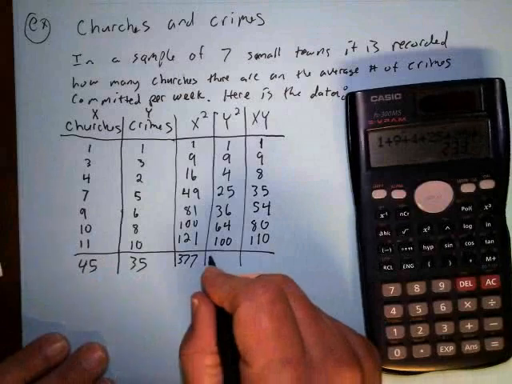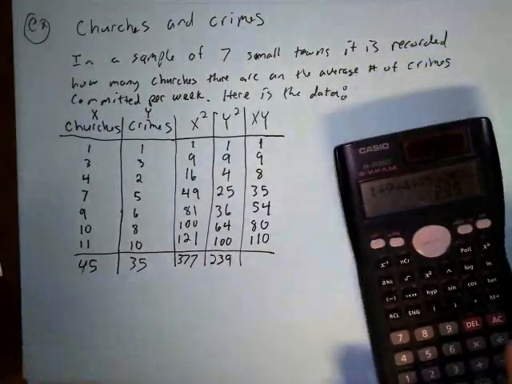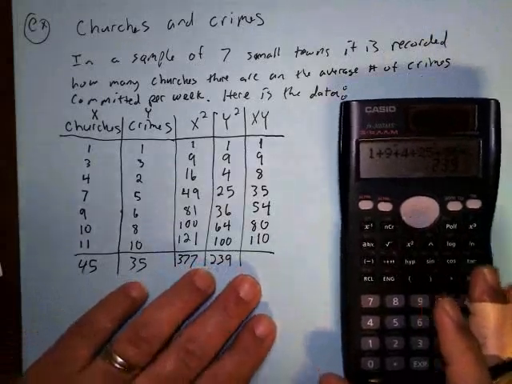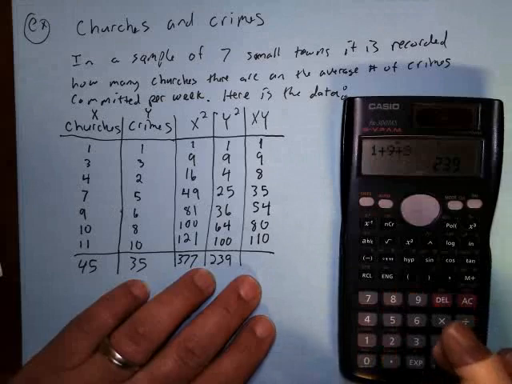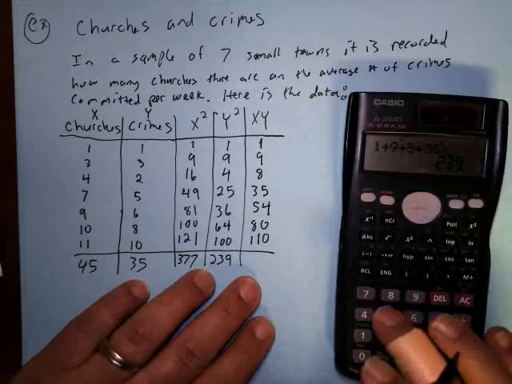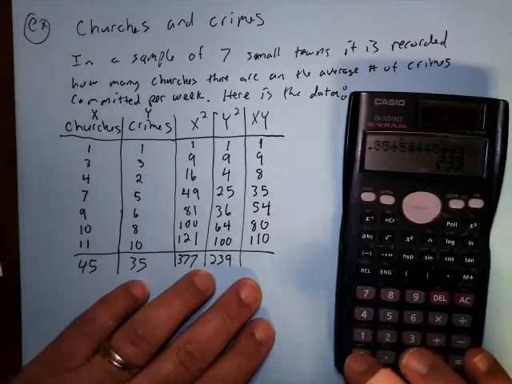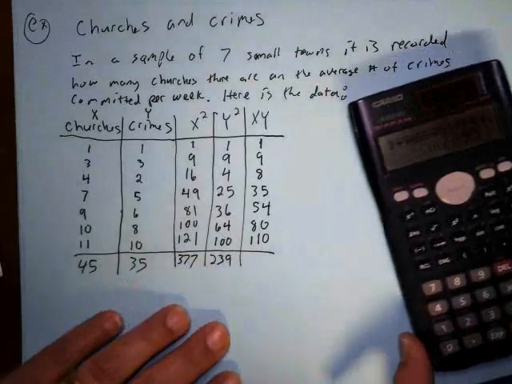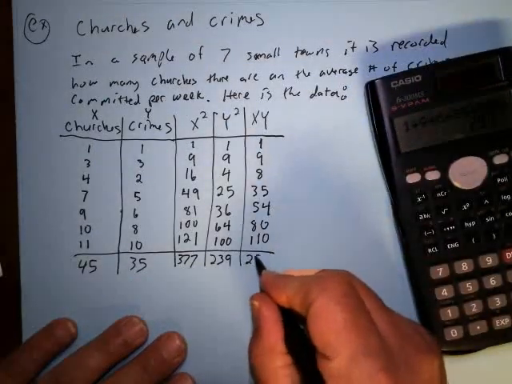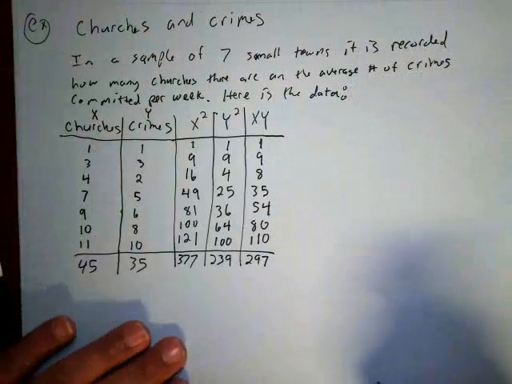I get 239 for that. And then finally, the sum of X times Y. 1 plus 9 plus 8 plus 35 plus 54 plus 80 plus 110. And I get 297 for that.